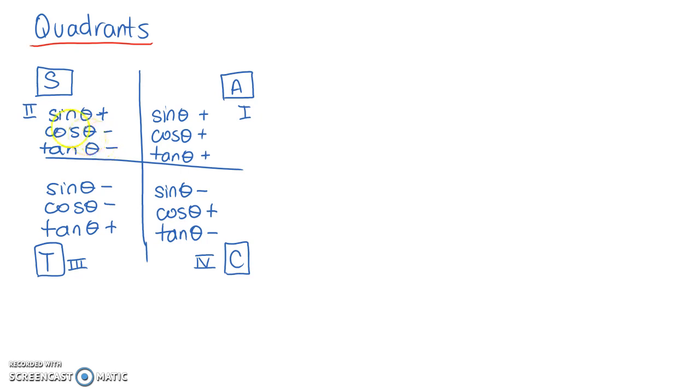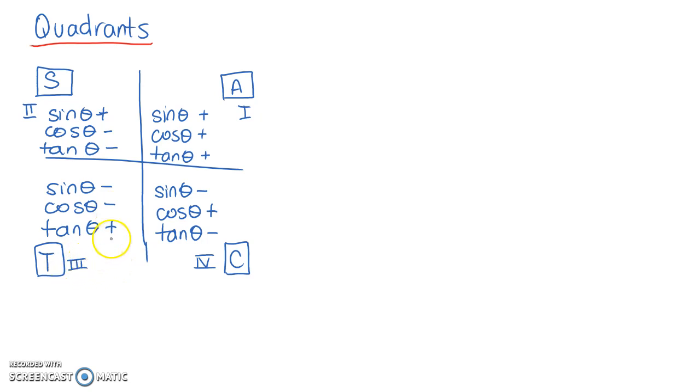In quadrant 2, we have negative x values and positive y values. That automatically makes the tangent negative because you have a negative divided by a positive. For the sine and the cosine, sine is the only one that is positive in this quadrant, and cosine is the one that is negative. So we refer to this as the S quadrant, where sine is the only one that is positive.